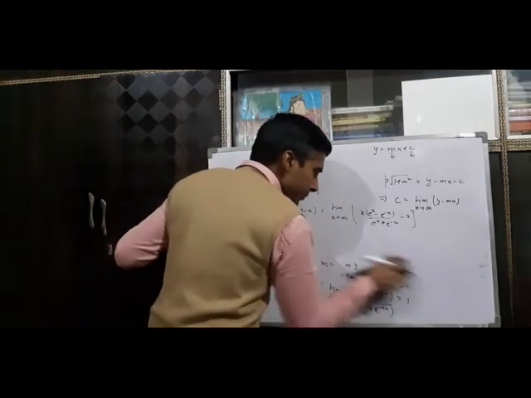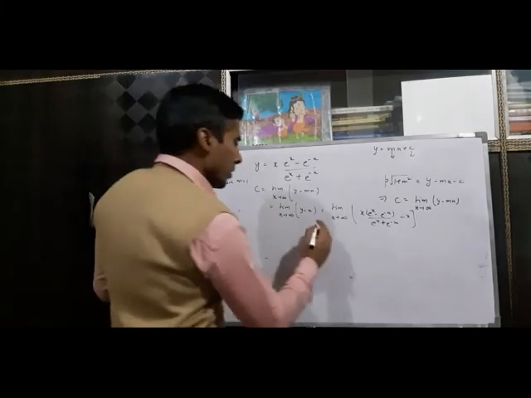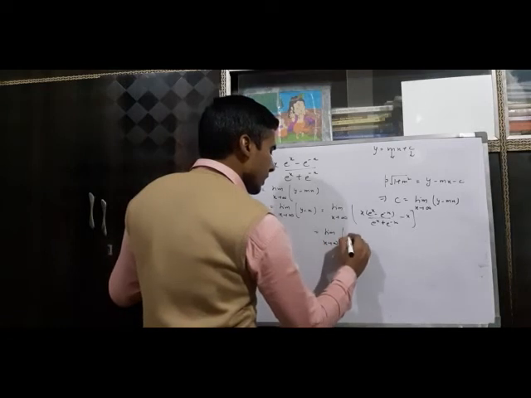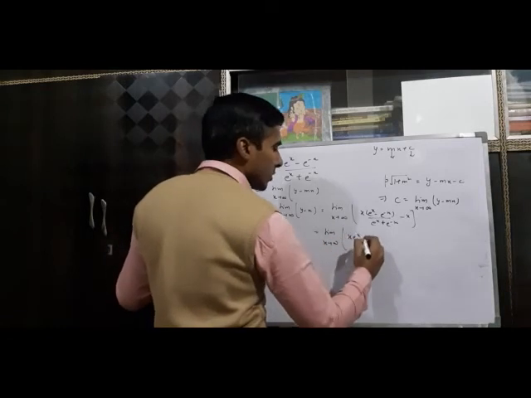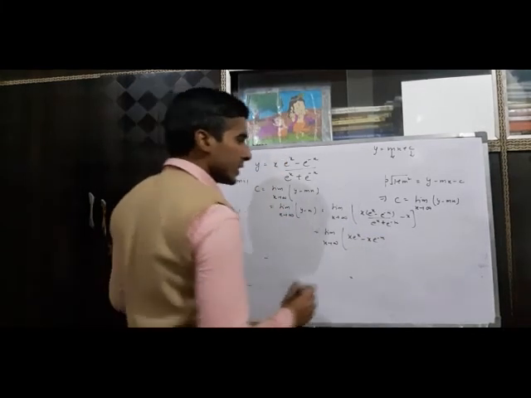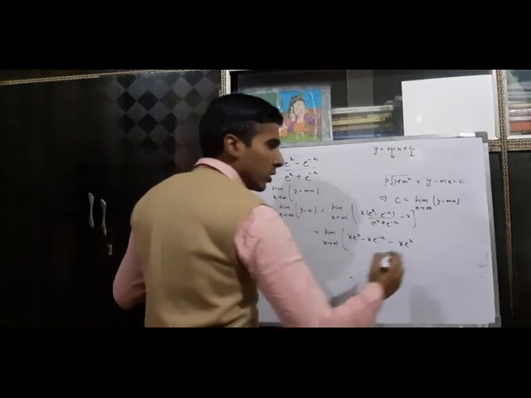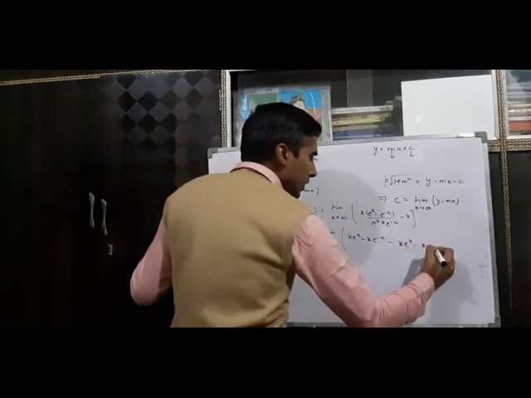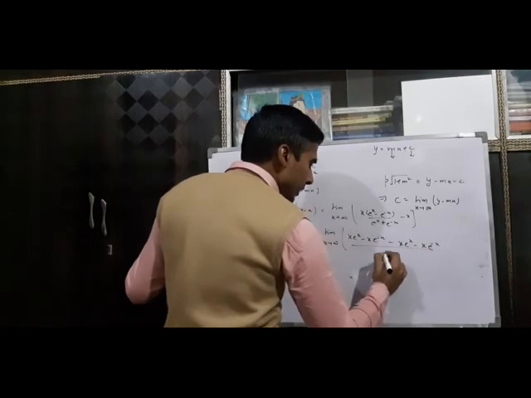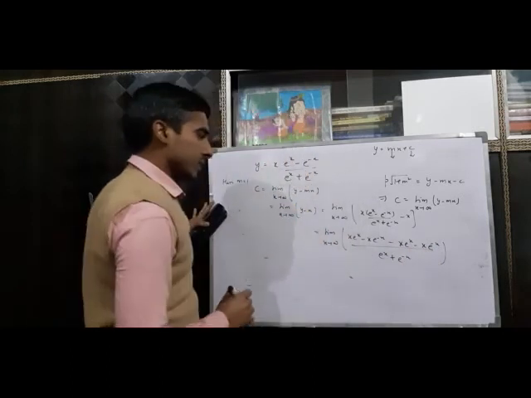We get limit x tending to infinity, x e^x minus x e^(-x) and minus x e^x minus x e^(-x), which is divided by e^x plus e^(-x).